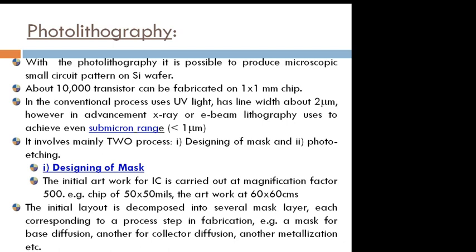So the collector mask can't be used in case of fabrication of the base, and that is what is mentioned here: the base diffusion mask, another collector diffusion mask, and all other processes having other masks.